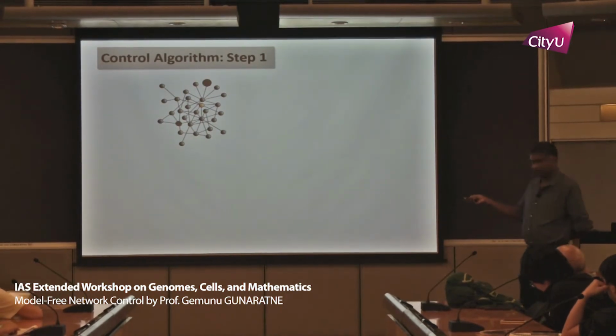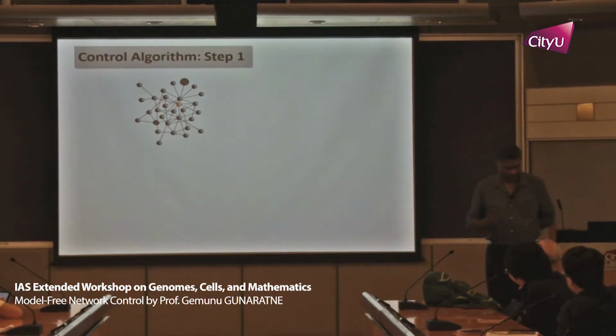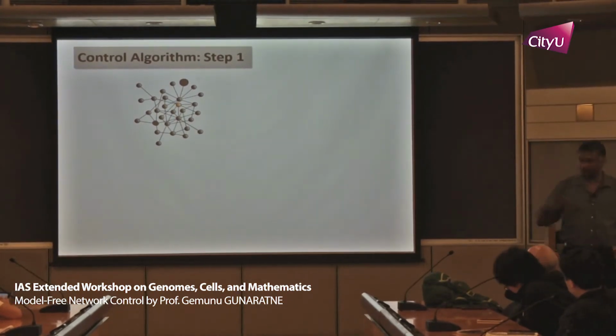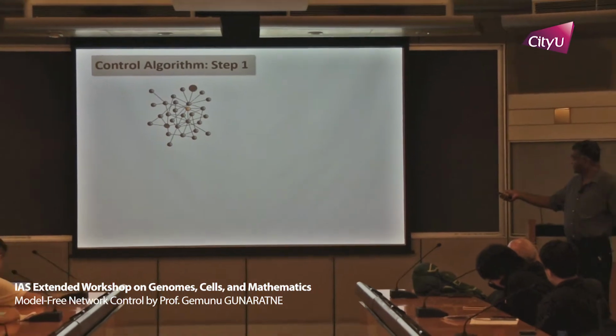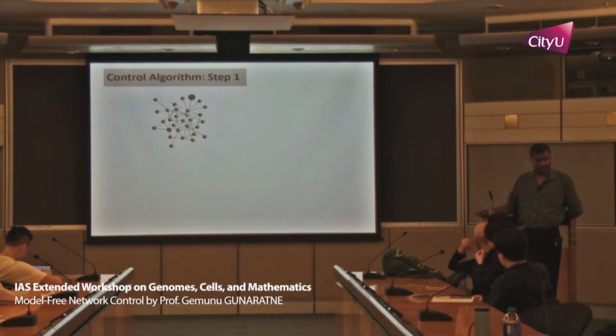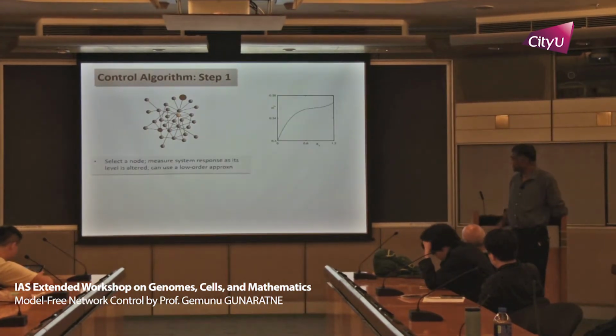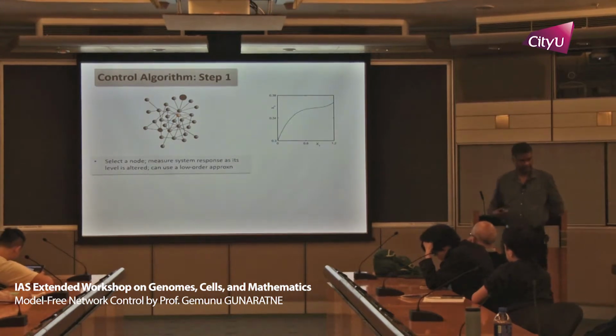Suppose I have a network like this, and I'm changing one of the nodes. I want to see how the system responds to changes in that one. I either increase or decrease the levels of that one gene, and I can find out how the others change.